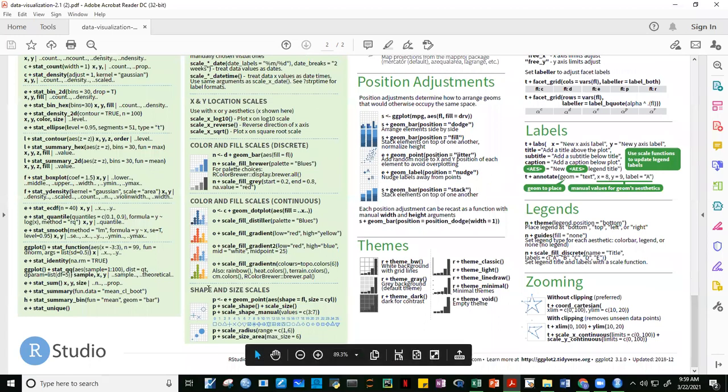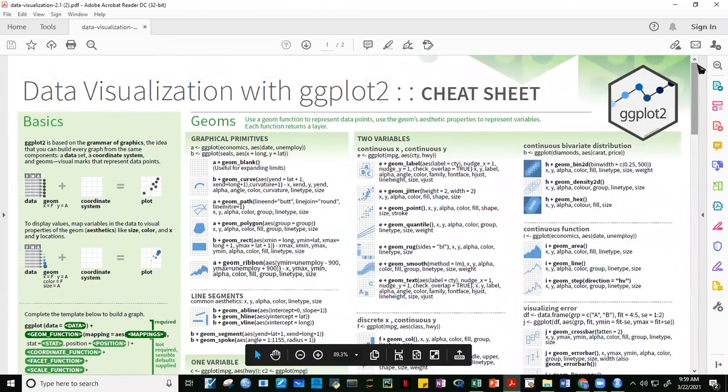You can have different shapes and size scales. So tons of things that you can do with ggplot2.